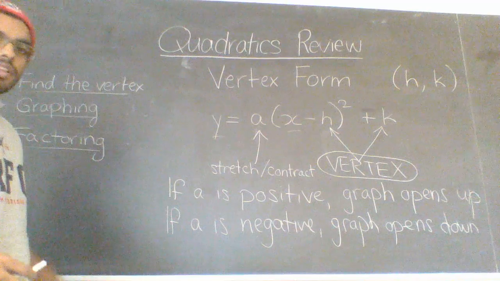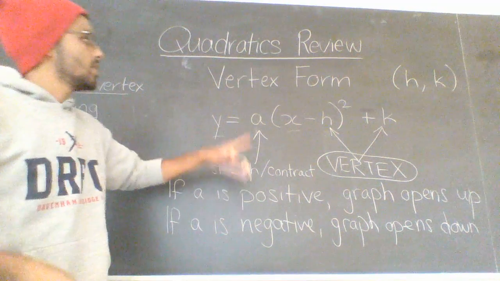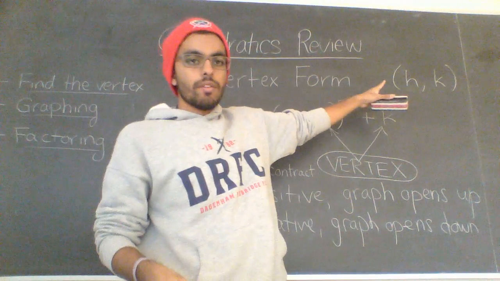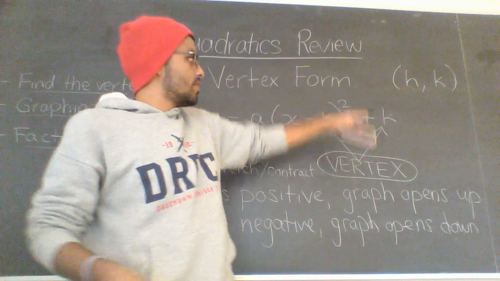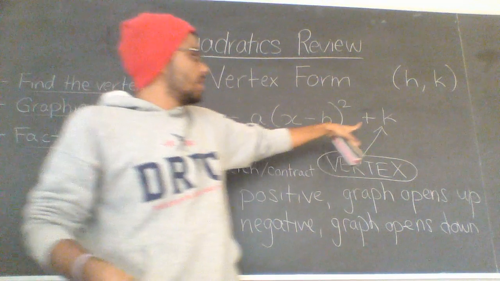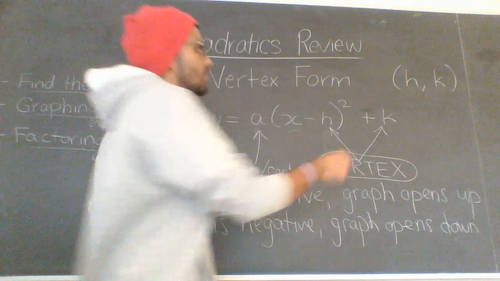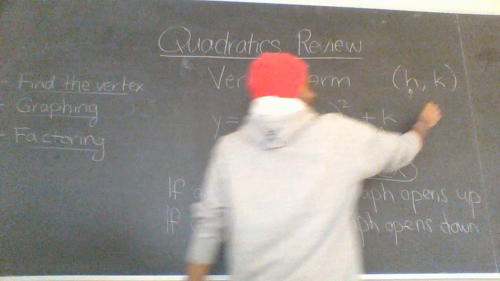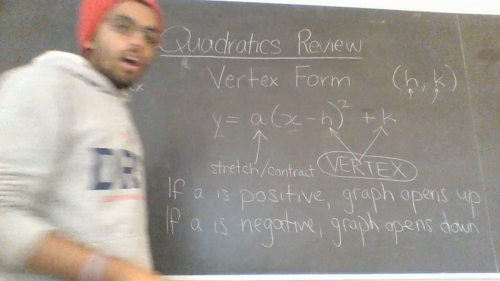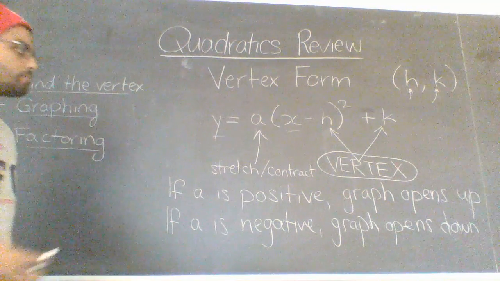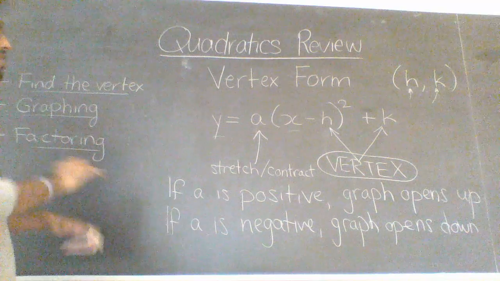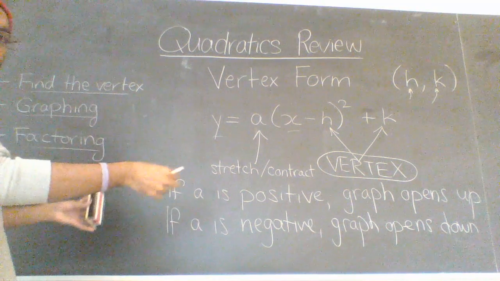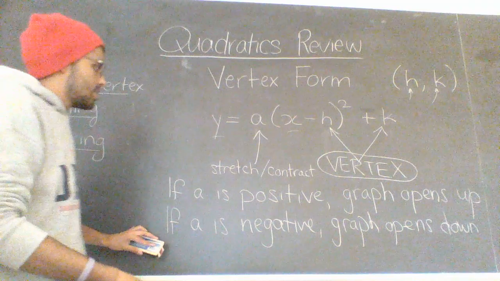Alright, so basically once you can identify what a is, what h is, and what k is, then you can figure out what the vertex is, because the vertex is just the h number and then the k number. So the h value is the x coordinate of your vertex, and the k value is the y coordinate of your vertex. Okay? So those are the different components of the quadratic equation written in vertex form.